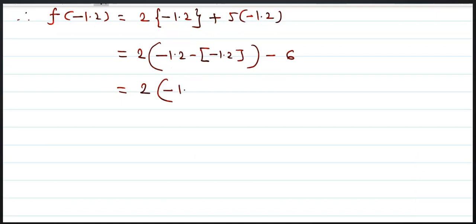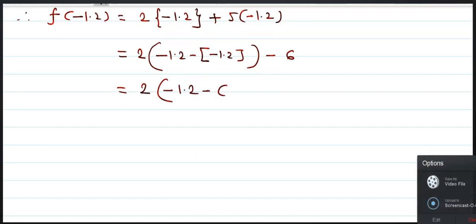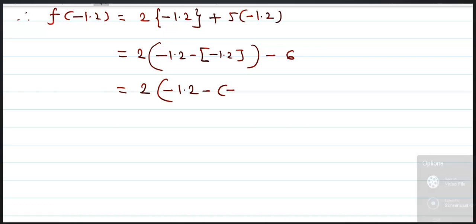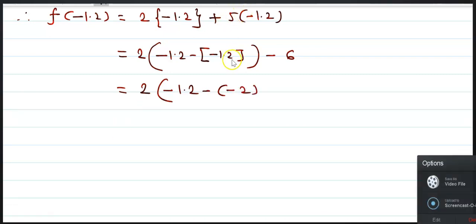Therefore minus 1.2, and what is here? The integral part of minus 1.2. Now again see this here, it's a fraction, and whenever there is a fraction, the integral part is again minus 2 here, which is less than that quantity.